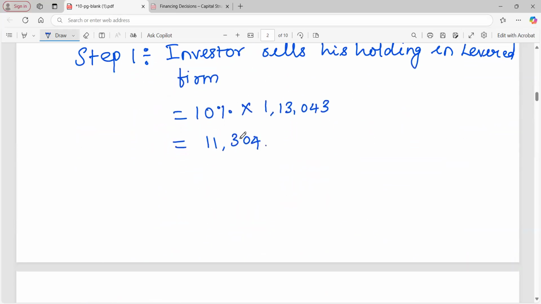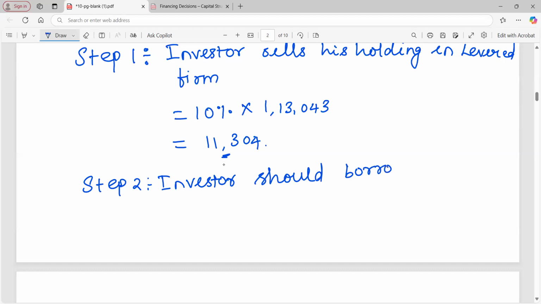But does he have 20,000 in his hand? No, he has only 11,304. So in step 2, the investor should borrow. Now, how much should he borrow?